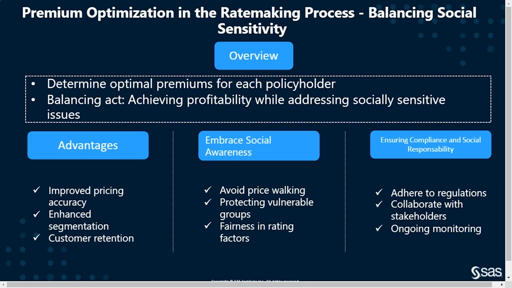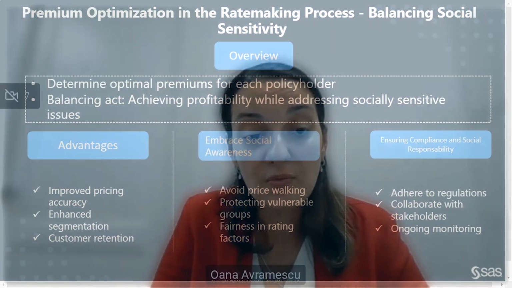If we look at the advantages, the first one is the improvement of pricing accuracy. By this, you reflect the true risk profile of each policyholder. The next one is enhanced segmentation, where you identify the profitable and unprofitable segments with more accuracy. And if we think about customer retention, tailored pricing will help you reduce policyholder churn.